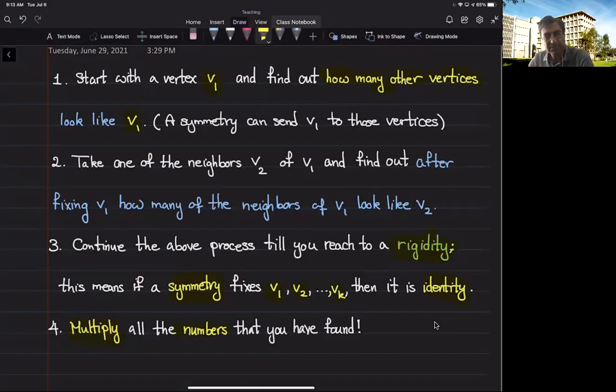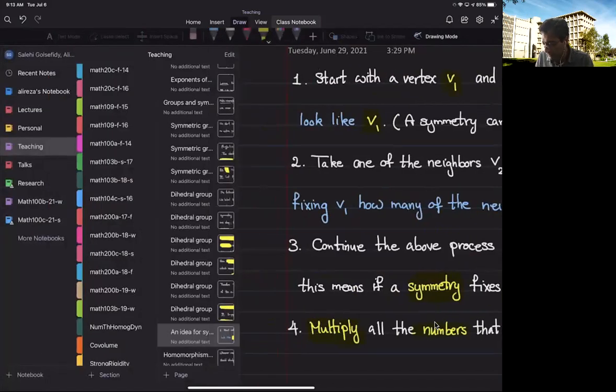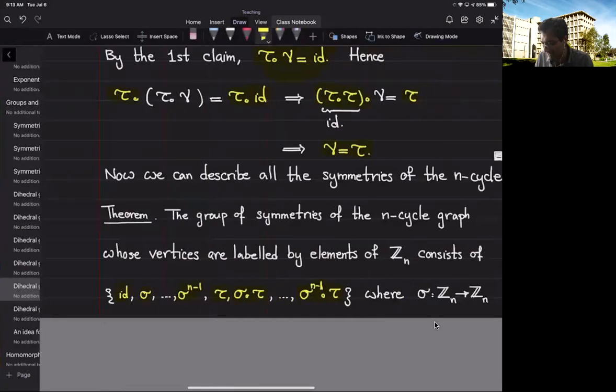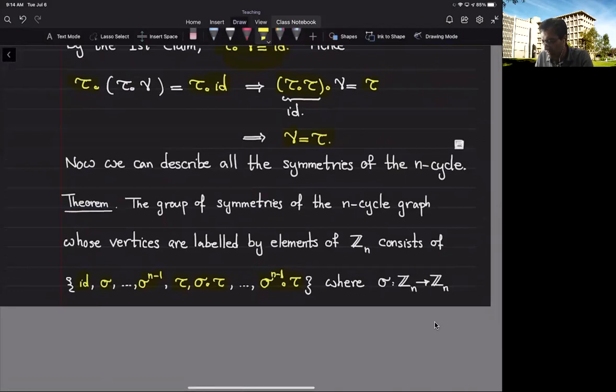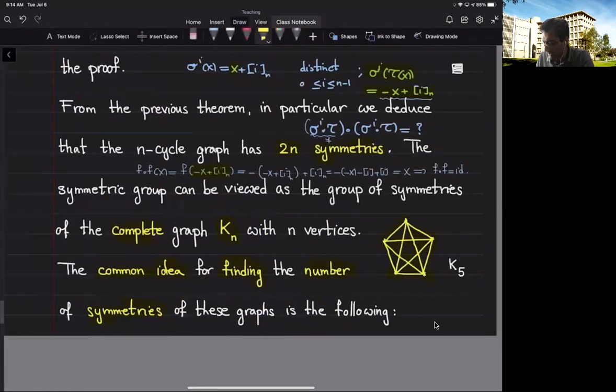Why this argument actually works, the idea would be similar to the proof of symmetries of the n cycle. By the way, I forgot to mention, you've seen it in the notation, the group of symmetries of the n cycle is denoted by D sub 2n.